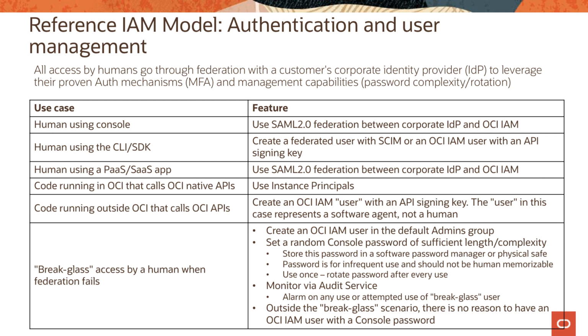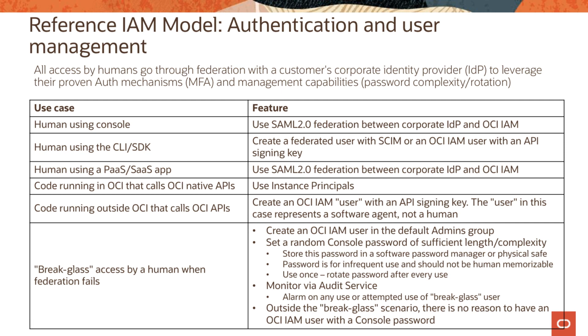If you need some credentials for your applications running in OCI instances, then you should use instance principals and dynamic groups. I'm not going to cover it here, but it's an important topic. It's covered in part 1 of this session, so please take a look there if you have not looked at that session earlier.